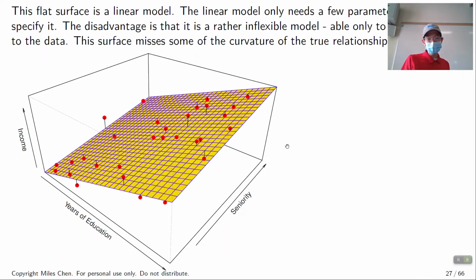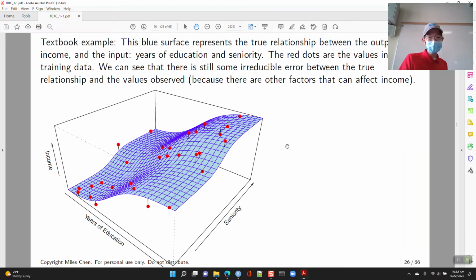Okay, so here is a textbook example. This blue surface represents the true relationship between these 3 variables. Here our response variable is a person's income, and we have the years of education and how many years they were working.